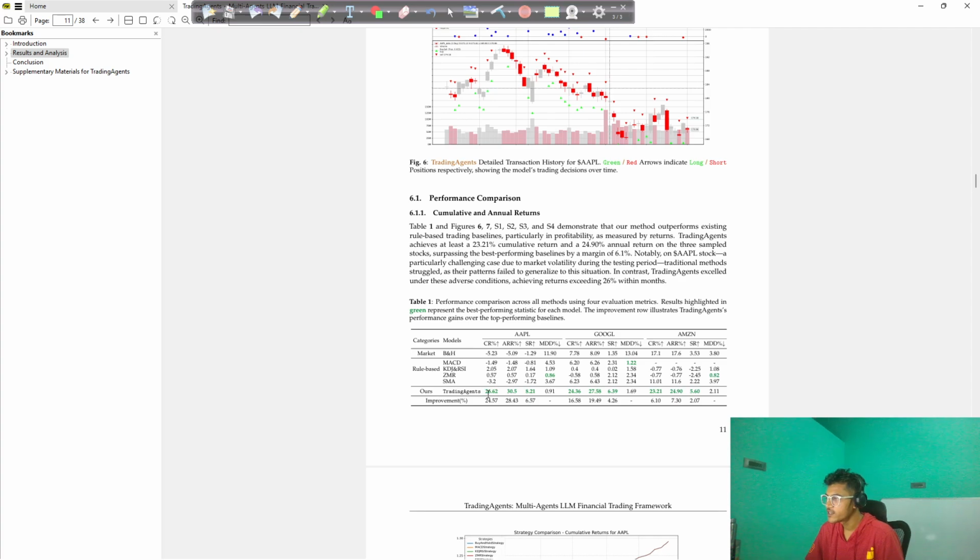Wow, you see, this is something promising, guys. The numbers are amazing here. Holy moly! Yeah, Sharpe ratio increased. Whoa, Sharpe ratio is really good.